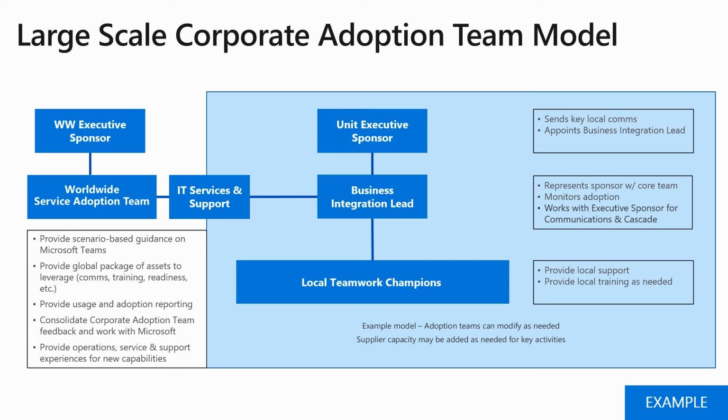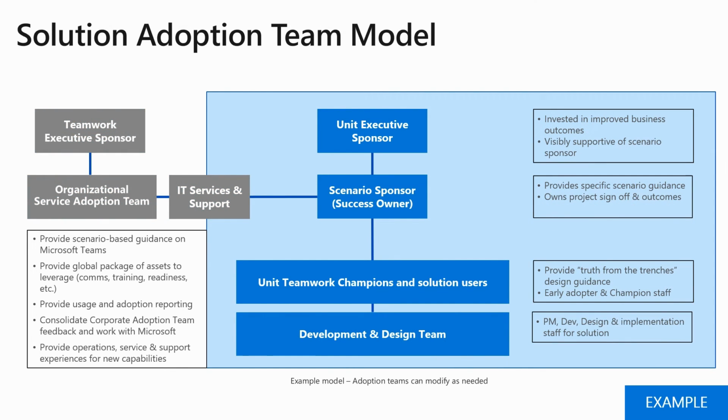Now, in some situations, you will find that you're not doing this sort of large scale corporate adoption model. What you're doing instead is an individual solution. And so in this scenario, what you have is a unit executive sponsor, and that is as high as your executive sponsorship goes in the organization. Maybe you have a chief marketing officer who wants to transform the way he does campaign management.